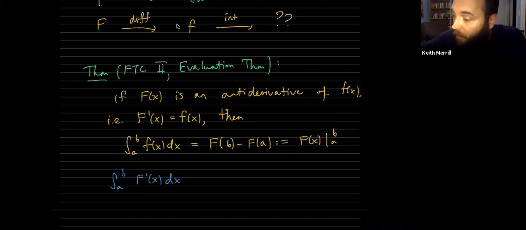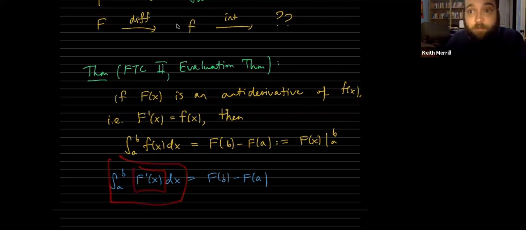So there is no harm in replacing this occurrence of little f by big F prime. And so what this is saying is, this is what happens if you start by taking the derivative and then integrating that derivative.